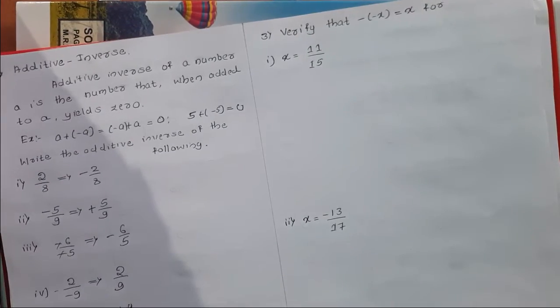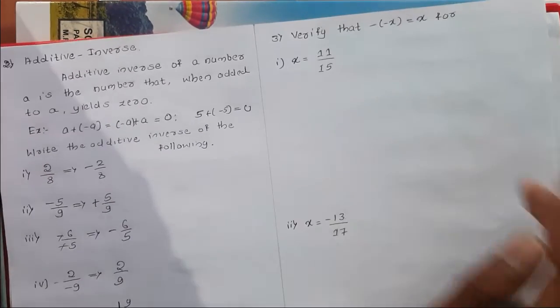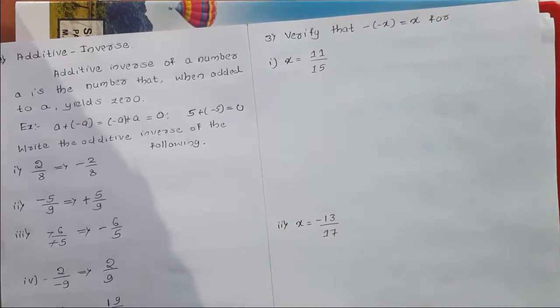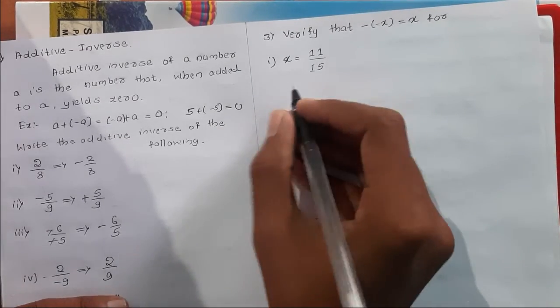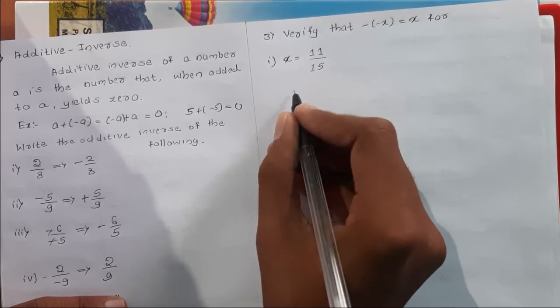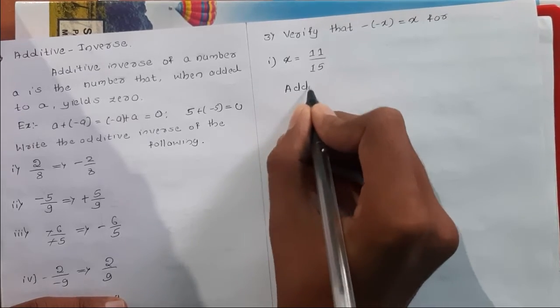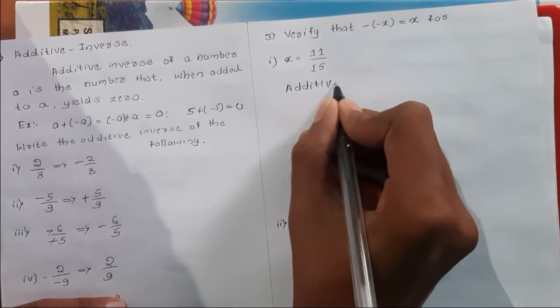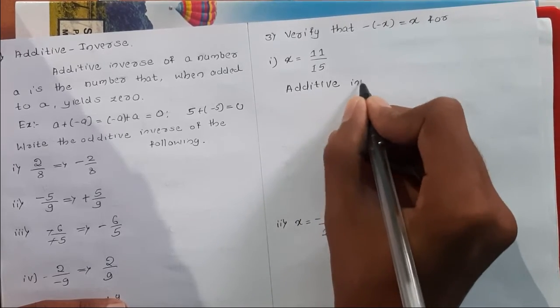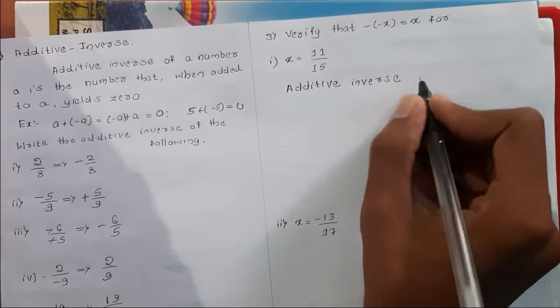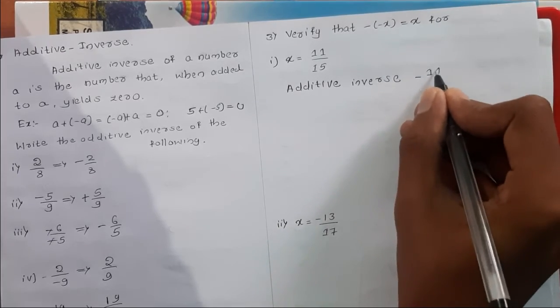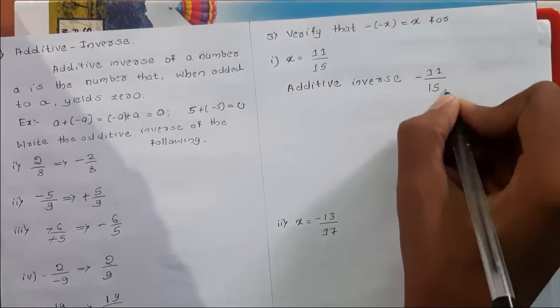Next, third question is verify that minus of minus x equal to x for the given numbers in the following questions. First you have to take the additive inverse. That is equal to minus 11 by 15.